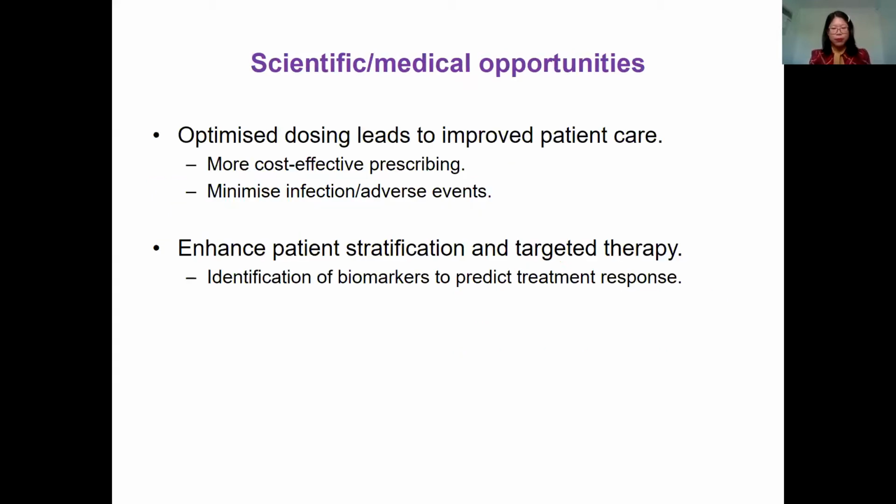So the opportunities here, well, number 1, optimised dosing leads to improved patient care. More cost-effective prescribing, because these are expensive drugs, with the minimisation of adverse events as well.